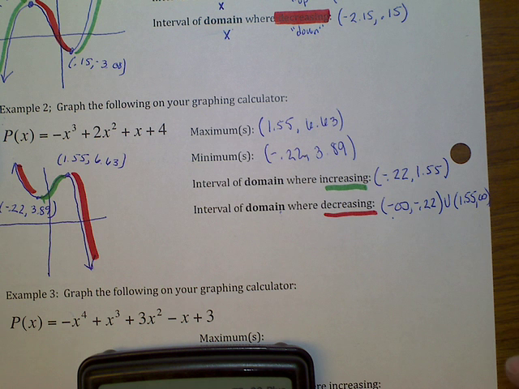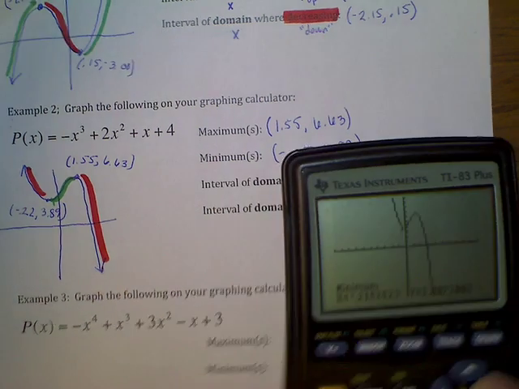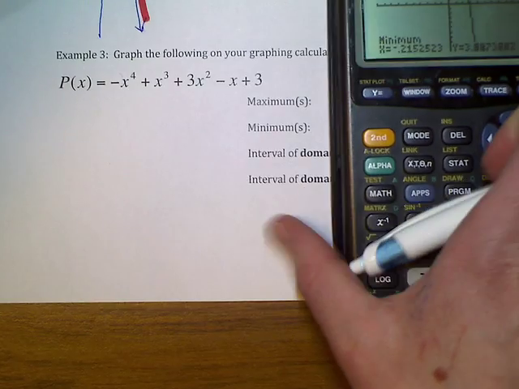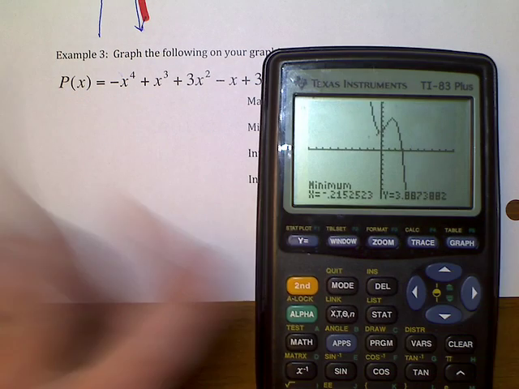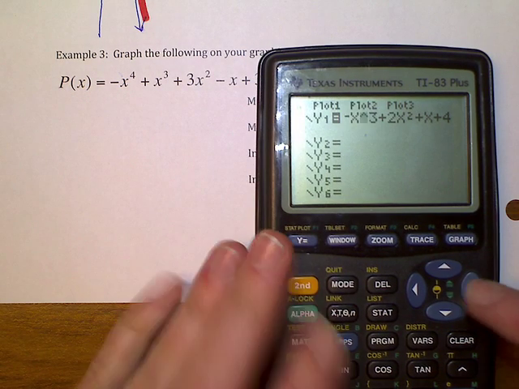So that's example 2. Hopefully that example went pretty well for you. Again, I want you to pause the video and try the third example yourself. Once you restart the video, you'll be able to see how you did. Okay, so enter our equation.